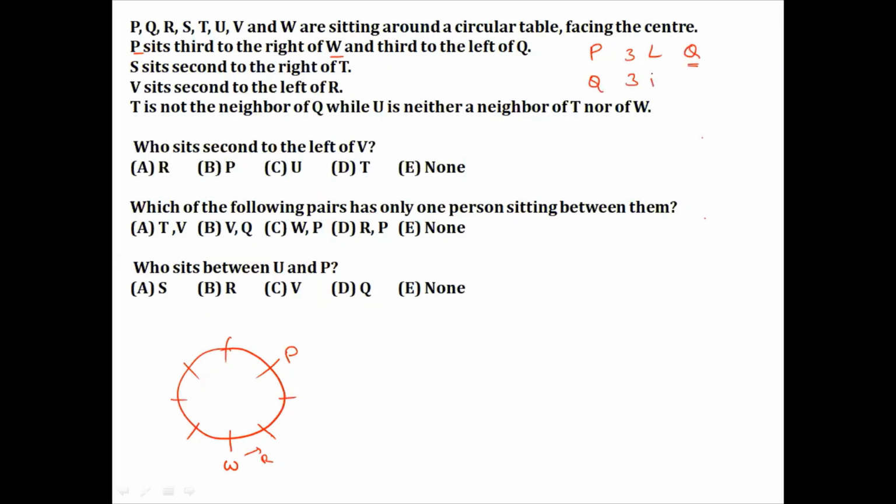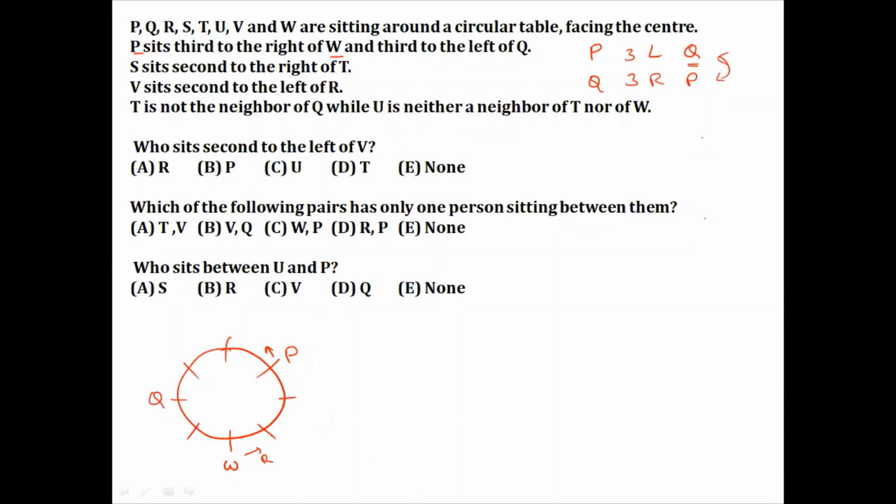So Q is third to the right of P. These two are the same. Now we know this is the right side of P: first right, second right, third right. So Q is here. P is third to the right of W and third to the left of Q. So this is the left side of Q.